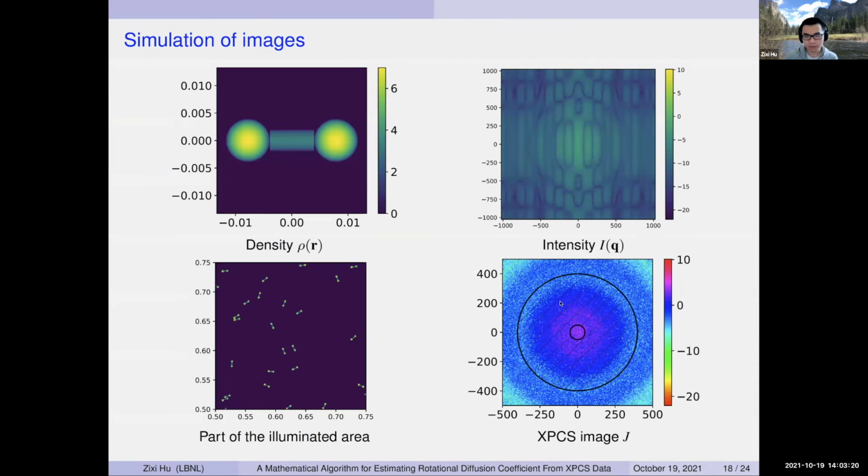The bottom right figure is an example of the image. Instead of the whole Cartesian grid, we use nearest point interpolation to map the values onto the polar grid shown in this area between the ring at q equals 50 and q equals 400. Then the angular temporal cross correlation data tensor was computed using these images, using the values within this area.